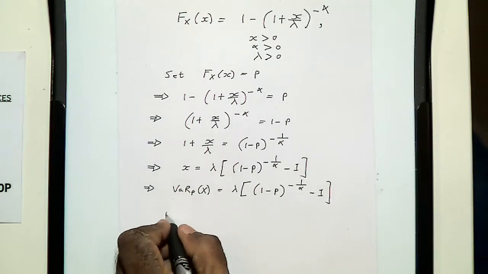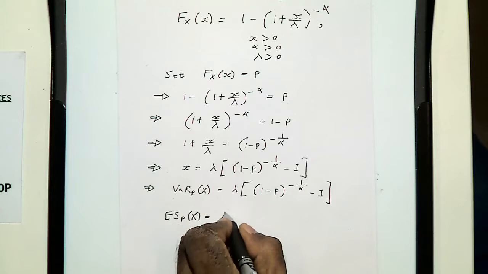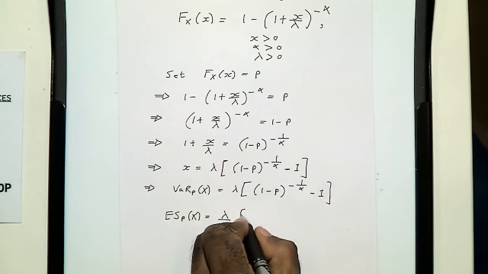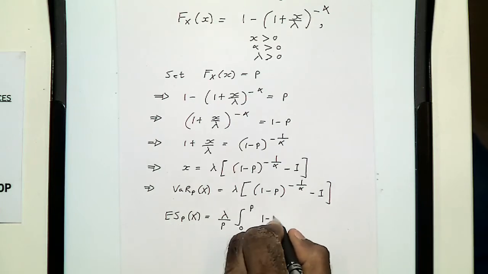Now to find the expected shortfall, you just integrate this, so it becomes lambda by p times the integral of this guy here.